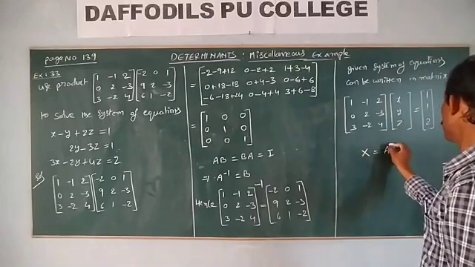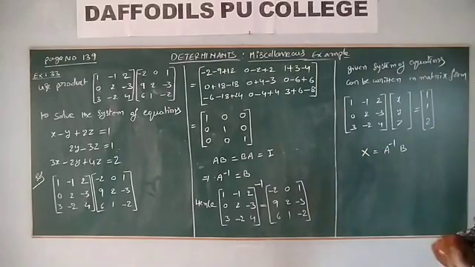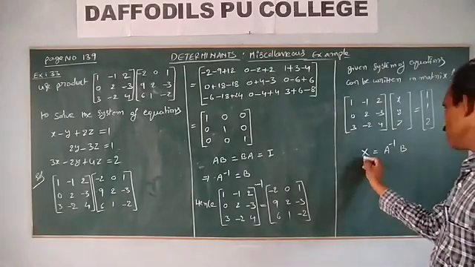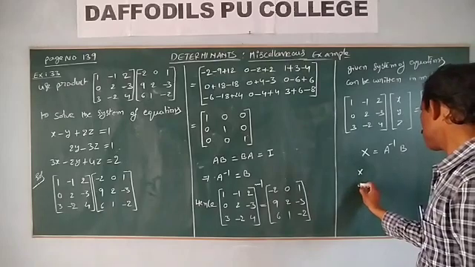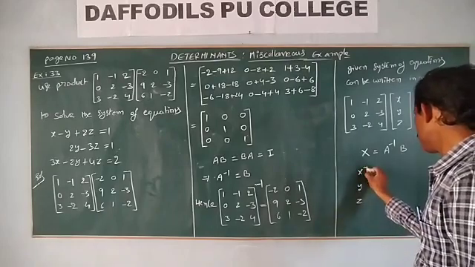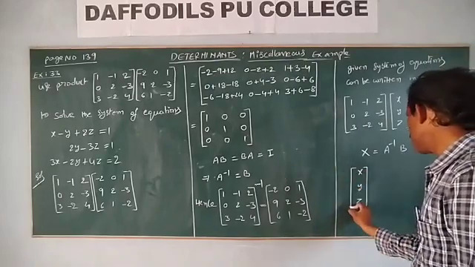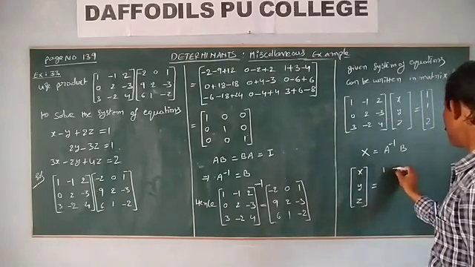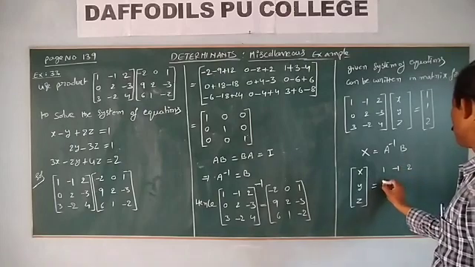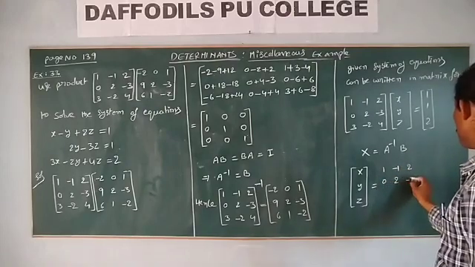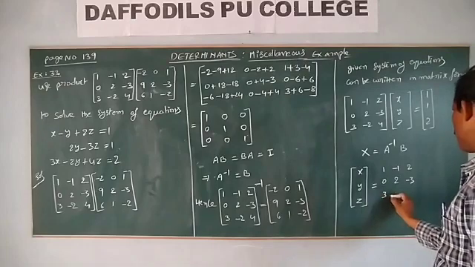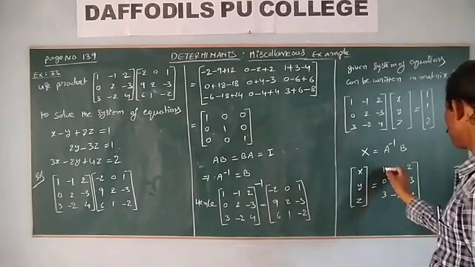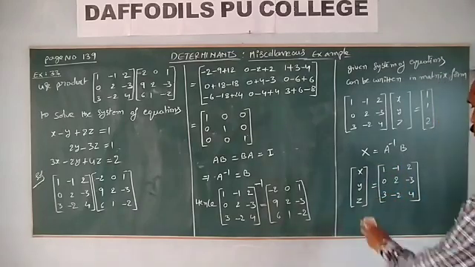Then X is equal to A inverse into B. Then what is X? [x y z] is equal to A inverse, where A means this one: 1 minus 1 2, 0 2 minus 3, 3 minus 2 4.